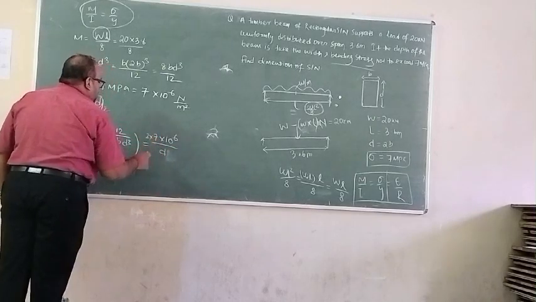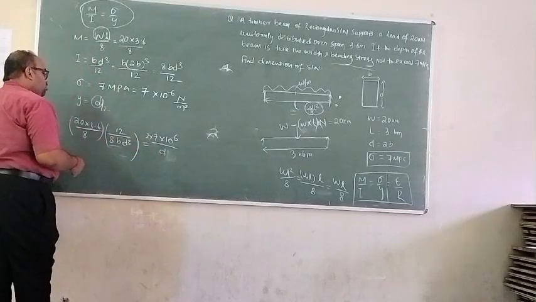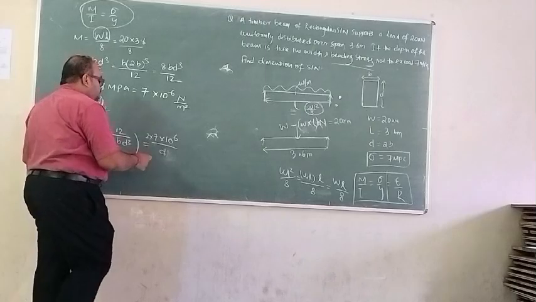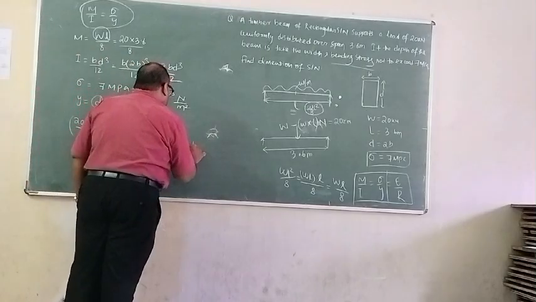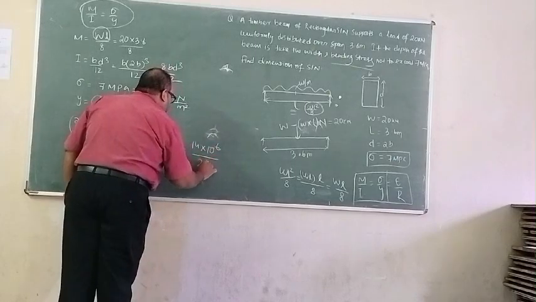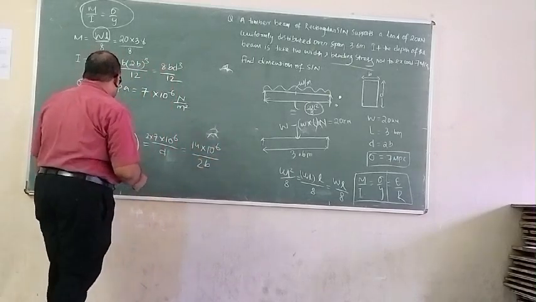In place of D I can again put 2B, so here I can put 7 multiplied by 10 to the power 6 divided by 2B.